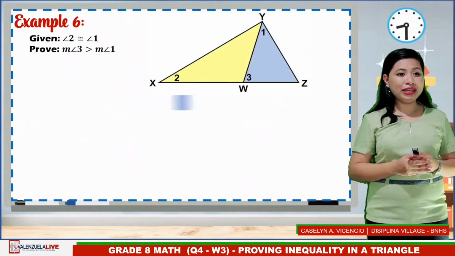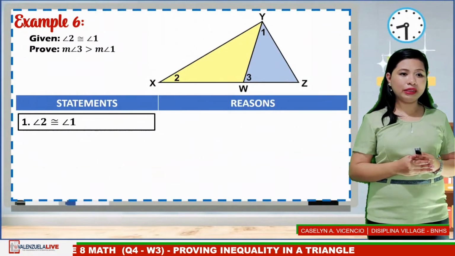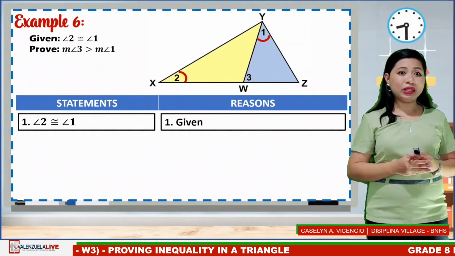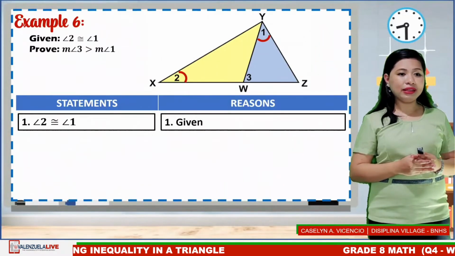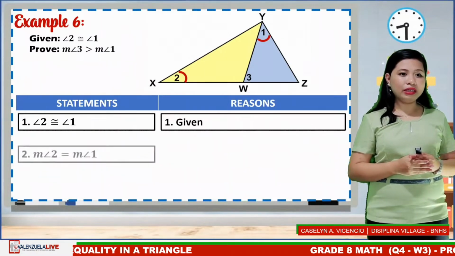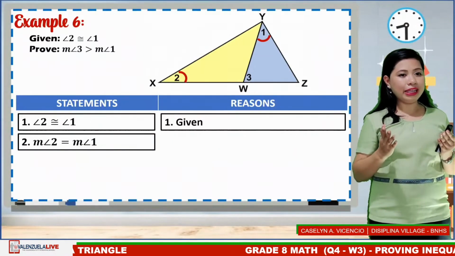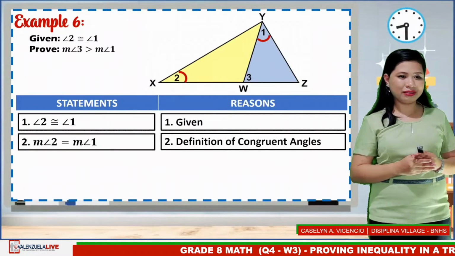The first statement is angle 2 is congruent to angle 1 as the given. Since angle 2 is congruent to angle 1, we can say that the measure of angle 2 is equal to the measure of angle 1 by definition of congruent angles.